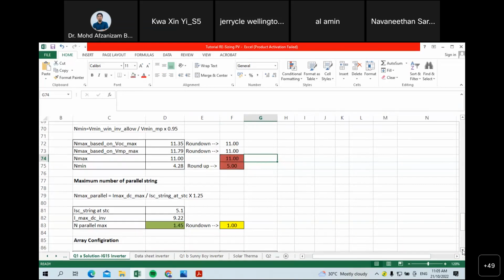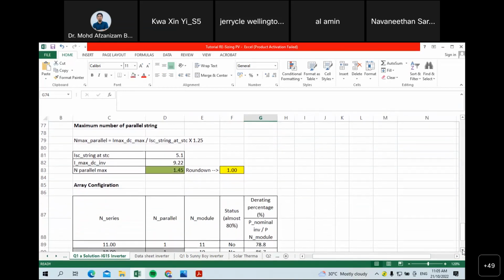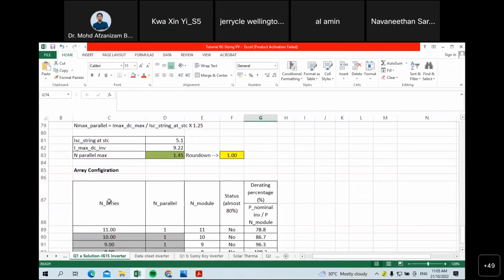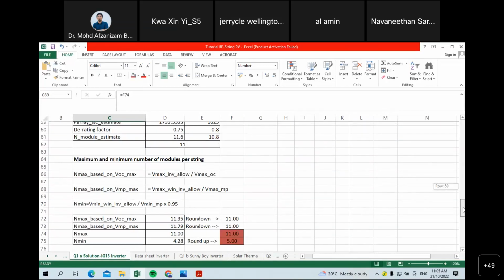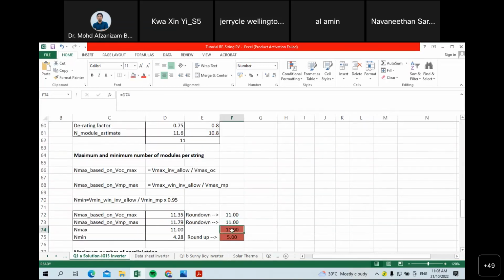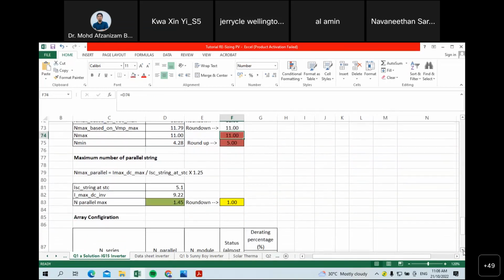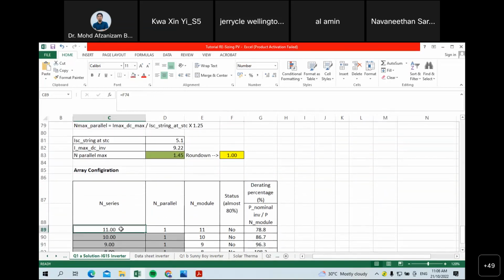It means that by having this table, the maximum series is 11 based on our calculation here. Maximum 11. And then the number of parallel is 1.